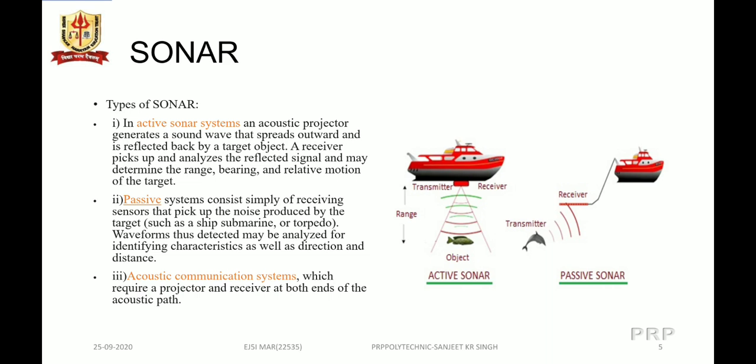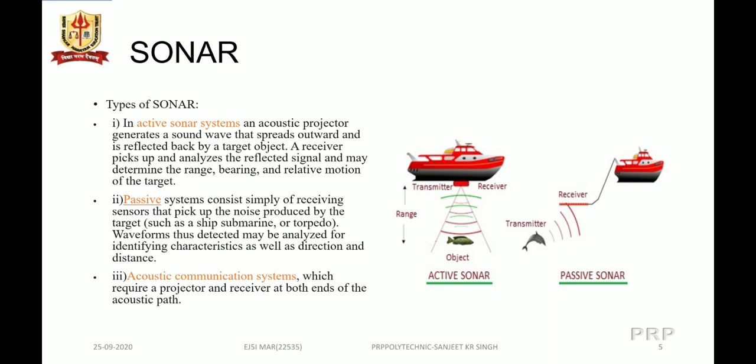Whereas a passive system consists simply of a listening device or receiving sensors that pick up the noise produced by the target, such as ships, submarines or torpedoes, or even the movement of big fishes.